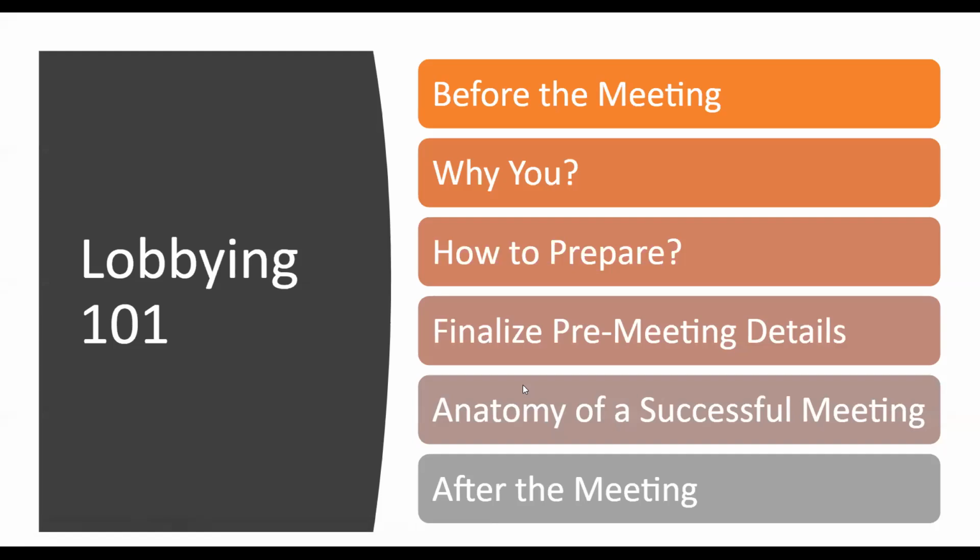First off, what does lobbying mean? Lobbying is really asking an elected official or a key decision maker to vote a certain way or take a specific stand on a piece of legislation, a rule, an issue, a policy. Corey will be talking about what those specific asks are.